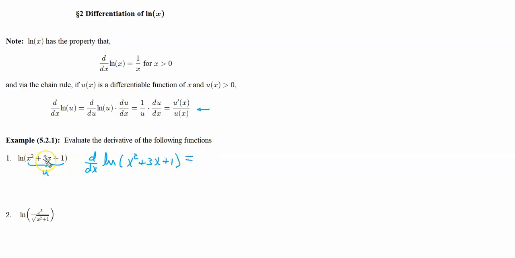So if u is equal to x squared plus 3x plus 1, all we have to do is follow this rule, which is an application of the chain rule. And so this is going to be d/du of the ln of u times du/dx.